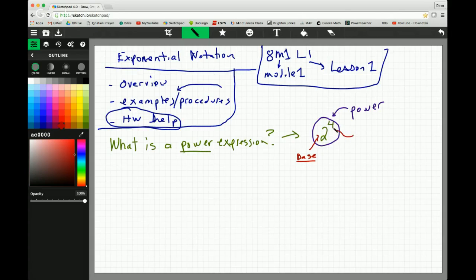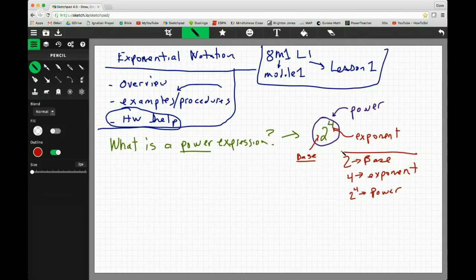And this thing is called your exponent. So 2 is the base, 4 is the exponent, and 2 to the 4th is the power. So when your teacher talks about these various definitions in class, just make sure that you understand this is the vocabulary.